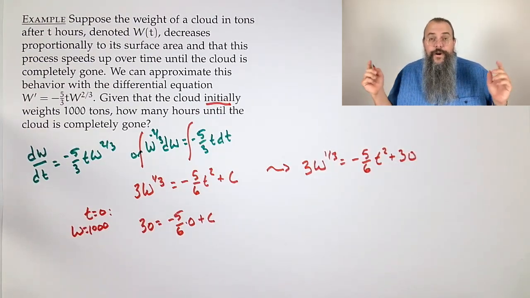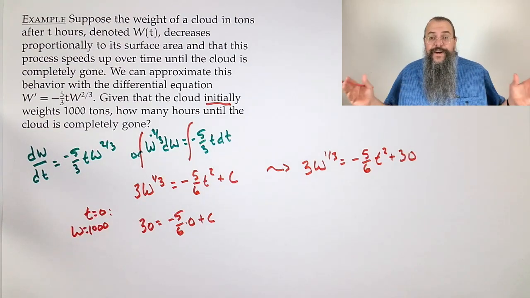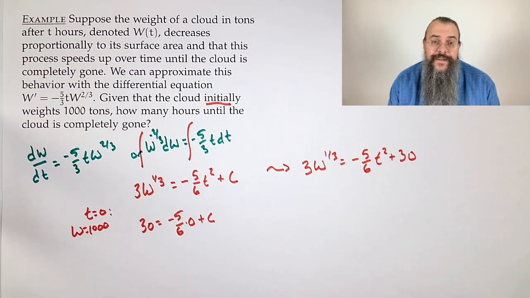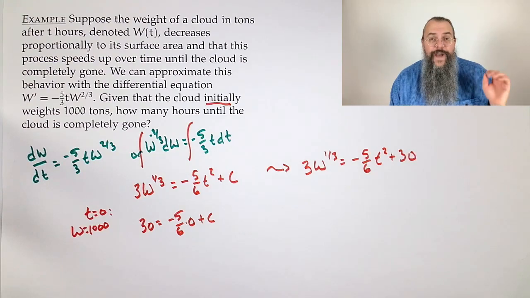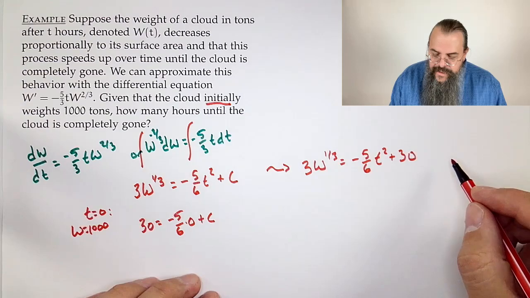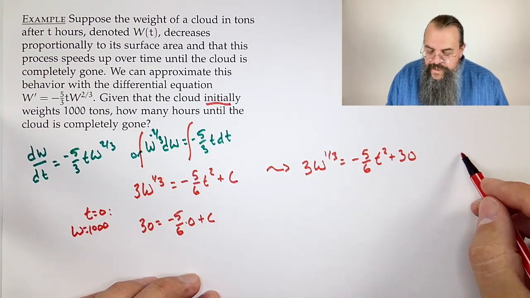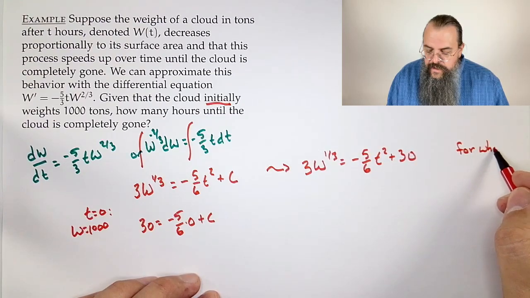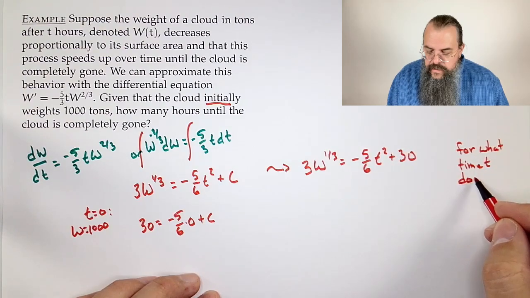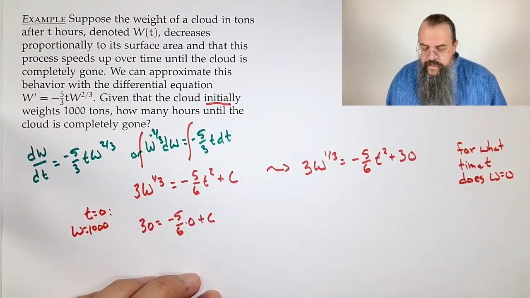Now, what's our question? How many hours until the cloud is completely gone? When do I know the cloud is gone? Well, what's the weight when the cloud is gone? The weight should be 0. So we're after a time t where W equals 0. Let's plug that in.